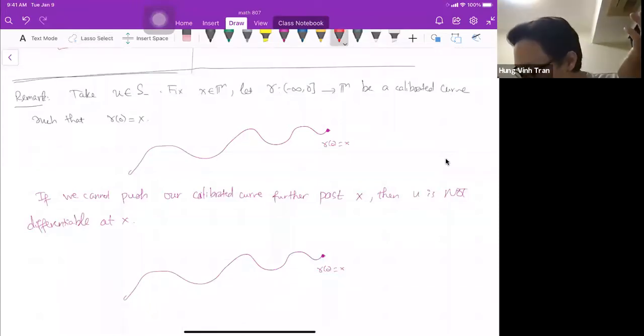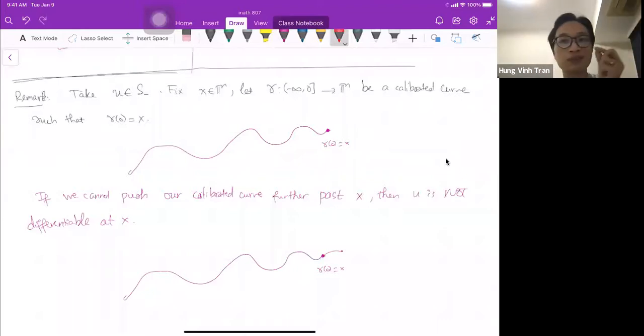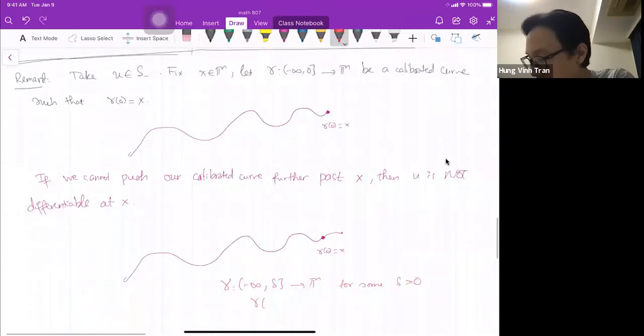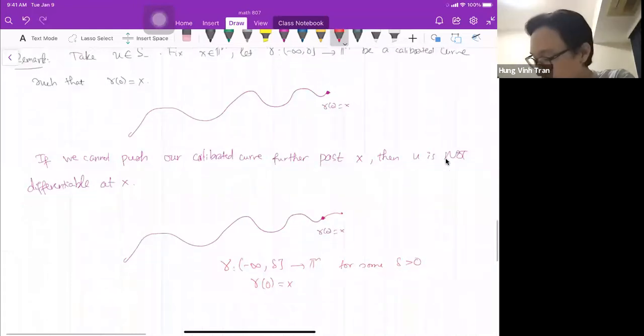If you can push your calibrated curve a little bit further to the right, so instead of having your calibrated curve defined from just -infinity to 0, if you can define it from -infinity to some delta in Tn for some delta greater than 0, meaning that you can continue it a little bit to the right, then U is differentiable at x there.